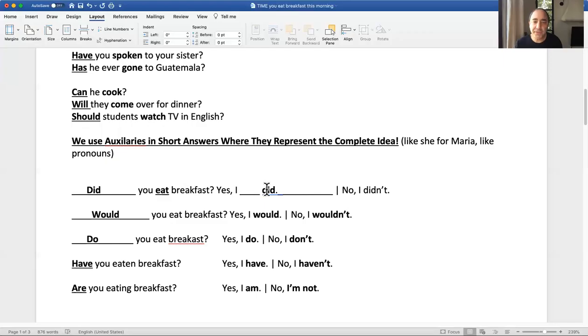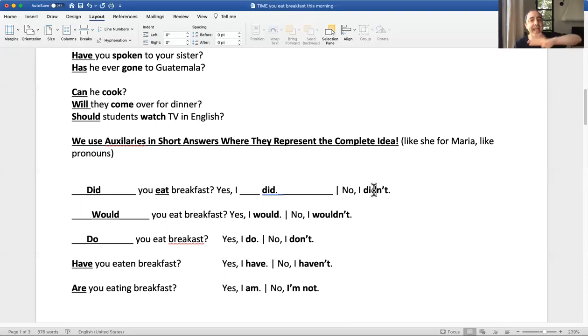But you have to use did here because the question was indicating the time. When I say, yes, I did, now it represents this complete idea, eat breakfast. You don't need to repeat the verb or the object. Same thing if it is negative, I didn't.